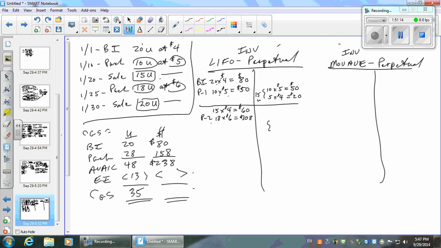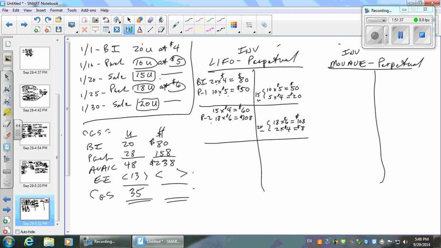So let's do 20 units. So I'm going to get rid of what? 18 at $6, which is 108. And then I'll have 2 at the $4, which is going to be 8. So cost of goods sold there is 116, debit cost of goods sold, credit inventory.